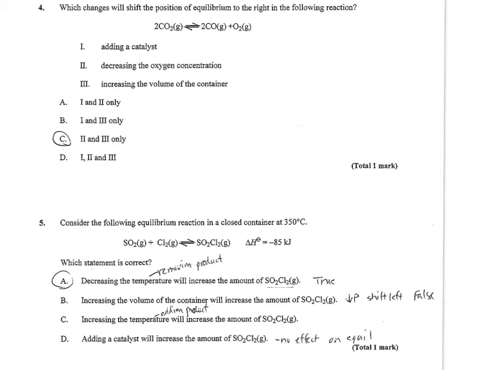Number 4, which changes will shift the position of the equilibrium to the right in the following reaction? Adding a catalyst, that never affects equilibrium. That's only going to affect your rate. Decreasing the oxygen concentration, so that would be removing a product. That would help shift it to the right.